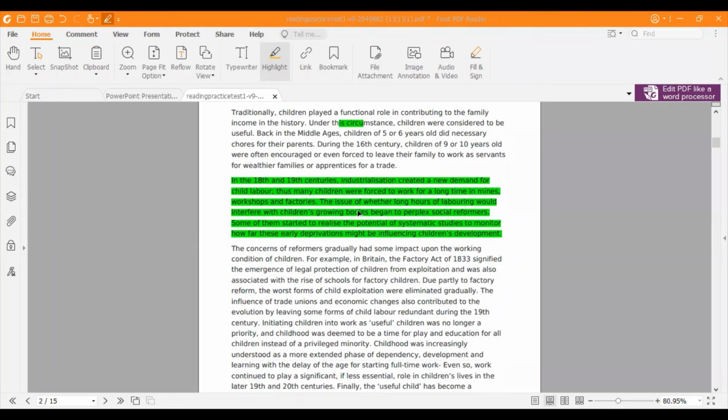And here the issue, whether long hours means working too much, like you work for long hours. So this is overwork. Of laboring with interfere means damage, like a harm. The same with children's growing bodies. Growing bodies, their health, their bodies, for example, physical effort.